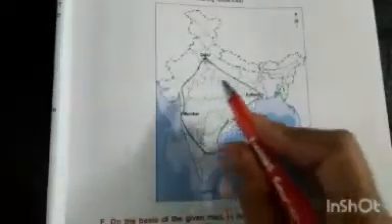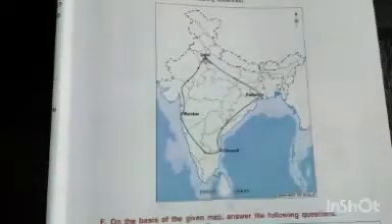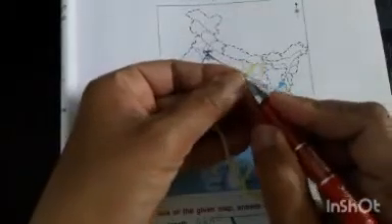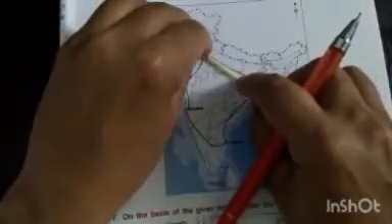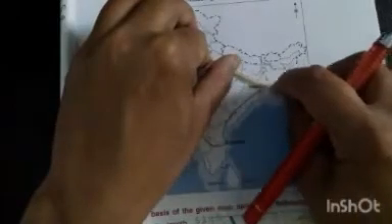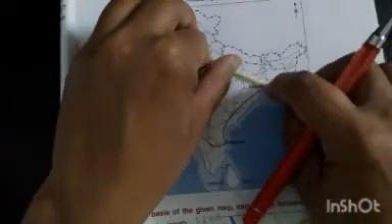To measure this complete path, what we have to do, we have to take this thread. Here we have to mark first, from where we are measuring. Then place it here, from where the journey is starting. Then spread like this, and then here.